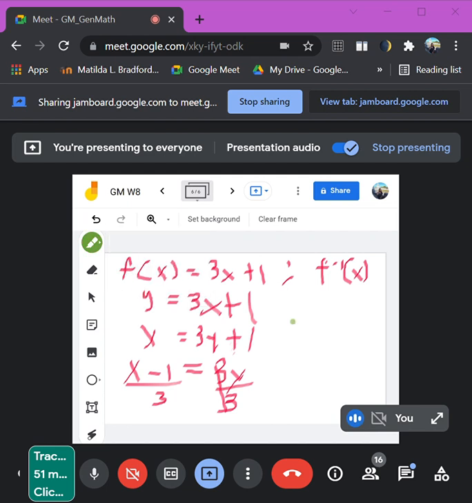So, you will have there, y is equal to x minus 1 over 3. So, mao na ni siya ang imuhang inverse function, x minus 1 over 3.